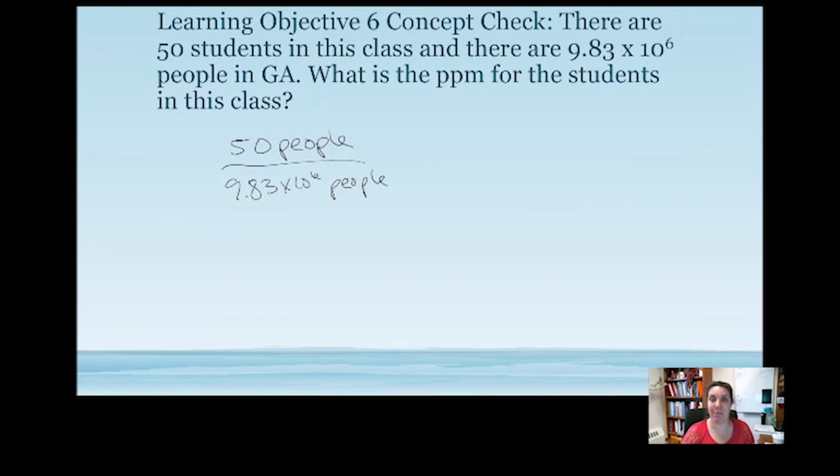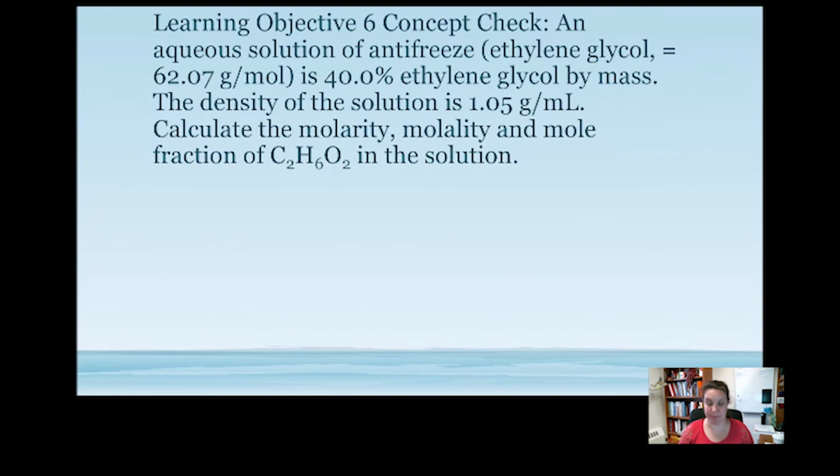What part per million is the number of people in the class versus the number of people in all of Georgia? So we'll take number of people divided by number of people times by 1,000,000. We multiply this out. We get 5.09 parts per million. Very simple.